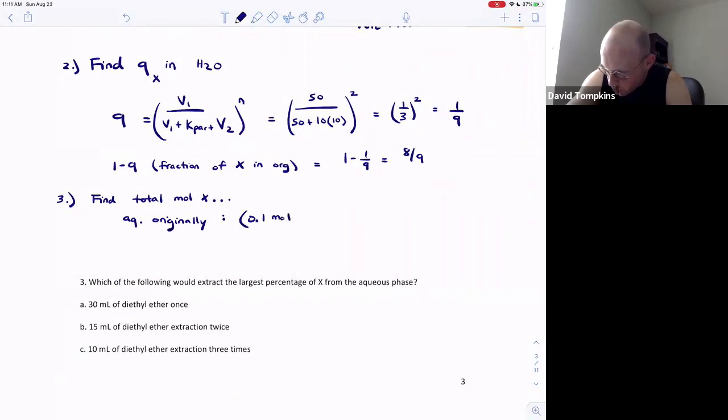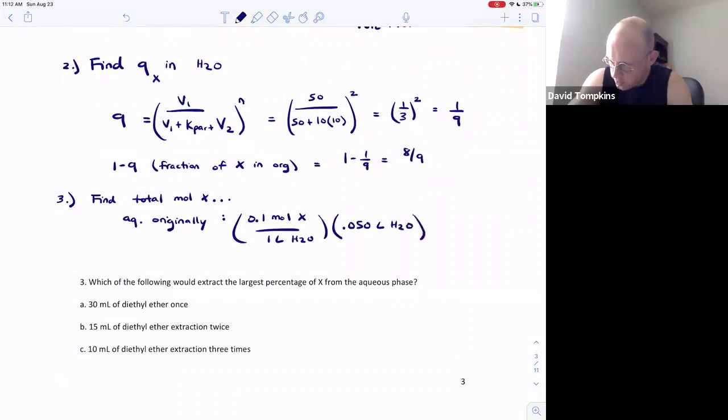It was 0.1 moles of X per 1 liter of water, and we have 50 milliliters of water, or 0.05 liters. So only use the volume containing X originally. Don't use the other volume of the pure solvent. So 0.1 times 0.05 is a total of 0.005 moles of X.